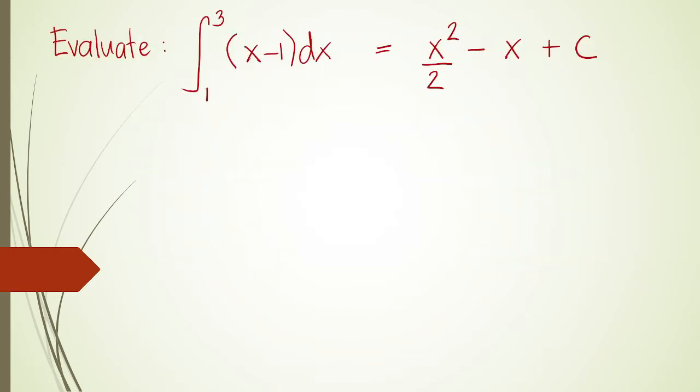Now, if I'm going to go back to the definition of definite integral, I will be graphing x minus 1, this is my function. How do you graph x minus 1? Let's make use of a table of values, with your x and y.